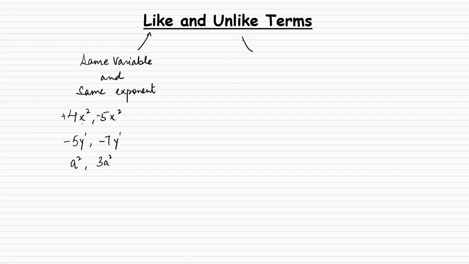So, what are unlike terms? Unlike terms are those terms which have different variables or different exponents. If they are different, they are unlike. For example, 3n and 3m. 3 and 3 is same, but we are not looking at 3.